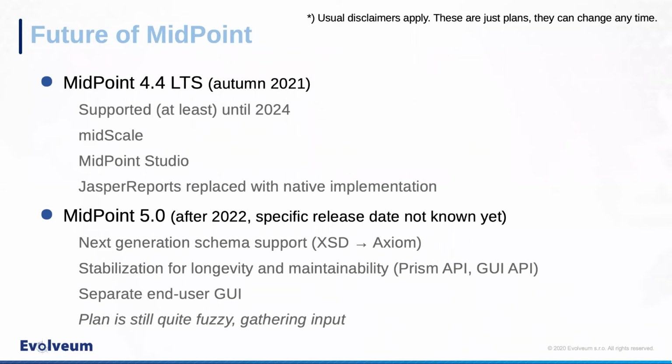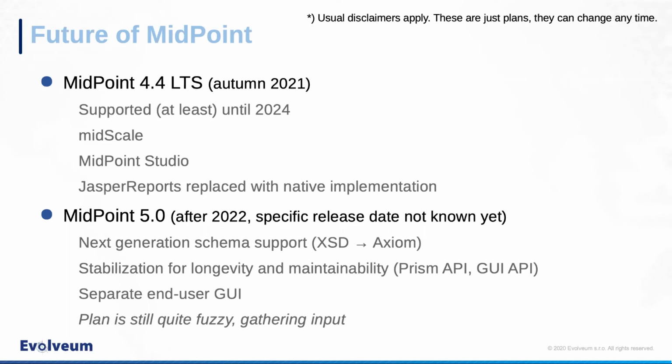So what about the next releases? midPoint 4.4 will be a long-term support release, and we expect it will be released in autumn 2021. As it is an LTS release, the support lasts at least 3 years. And the main focus in this release will be midScale.